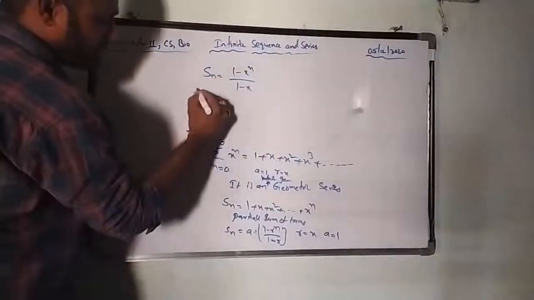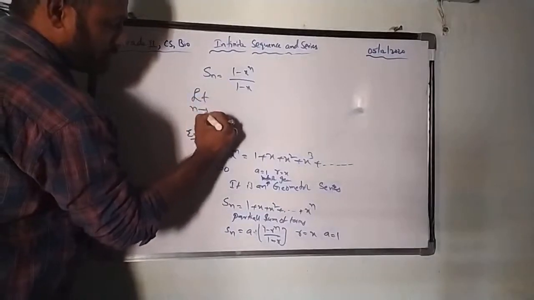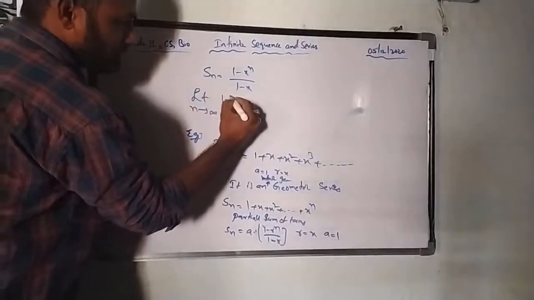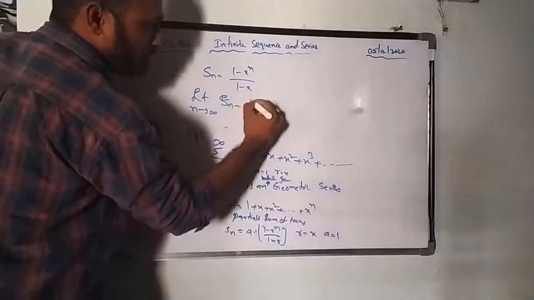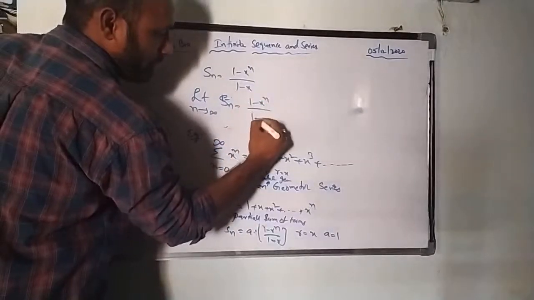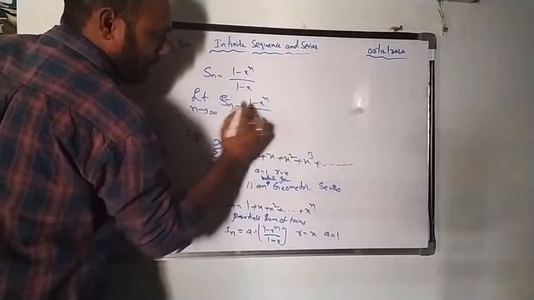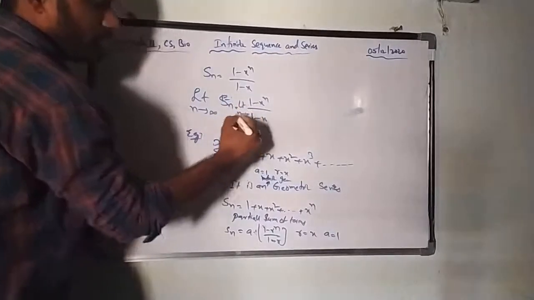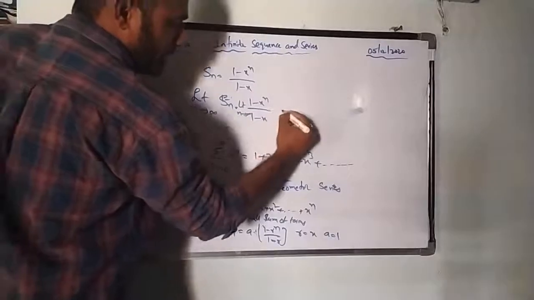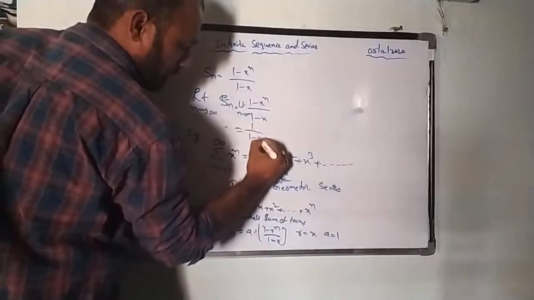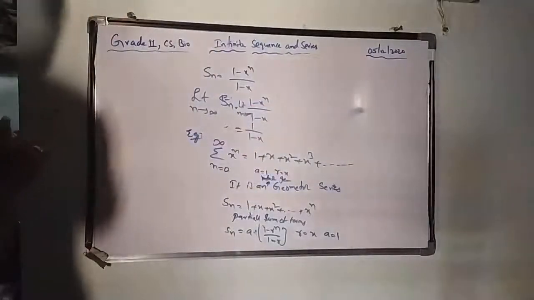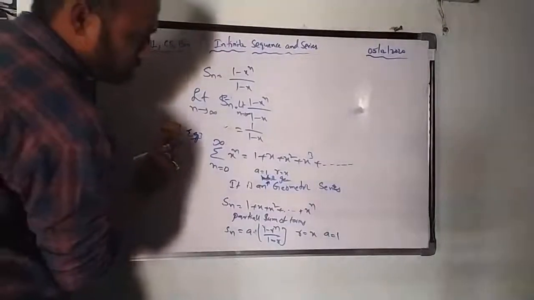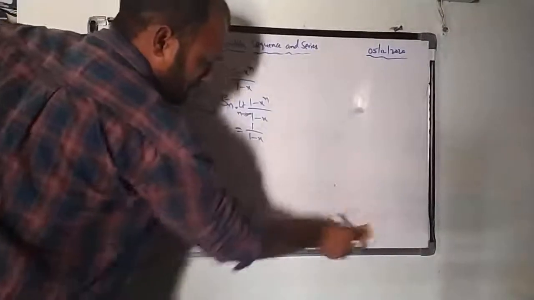If I apply the limit n tends to infinity, 1 minus 0 will be 1, so it will be 1 by 1 minus x.